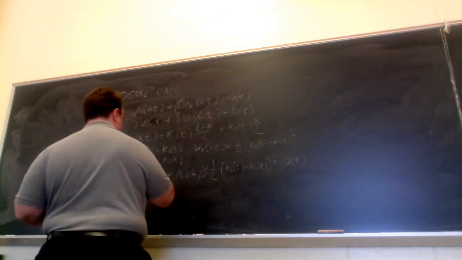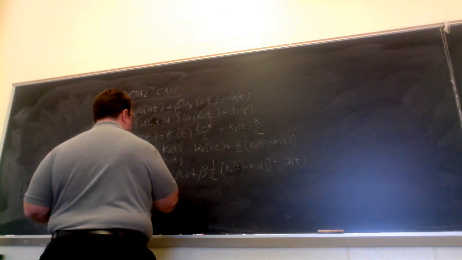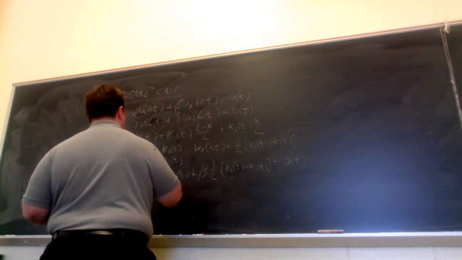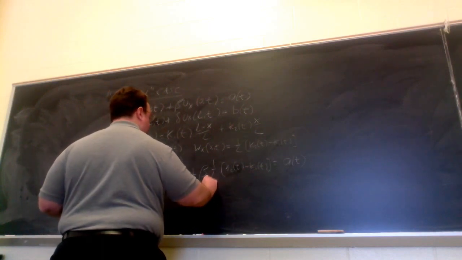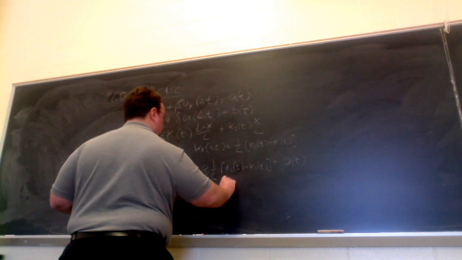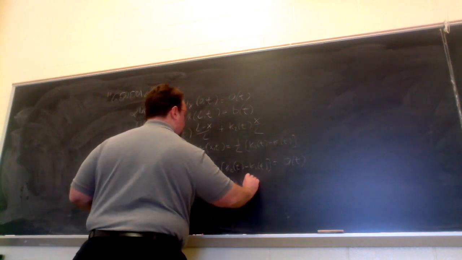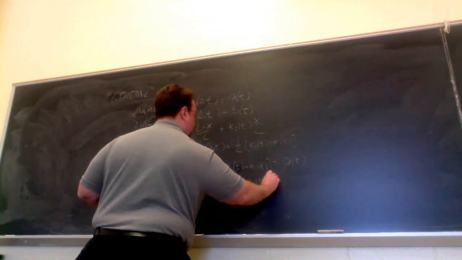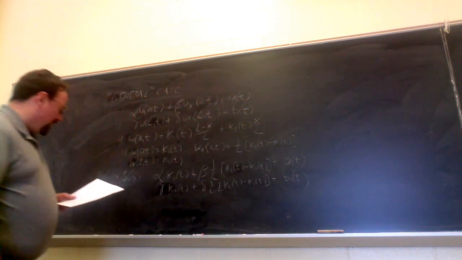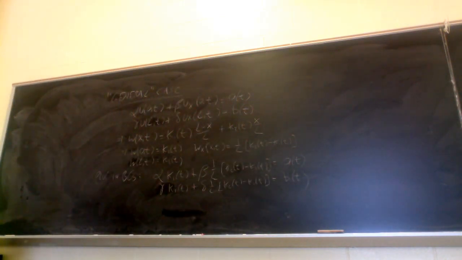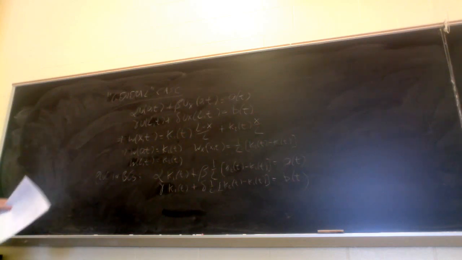And then we have gamma k1 of t plus delta times 1 over L (k2 minus k1) equals b of t. Okay, now this is a system of two linear equations in two unknowns, k1 and k2.